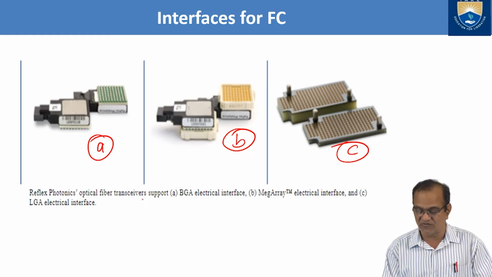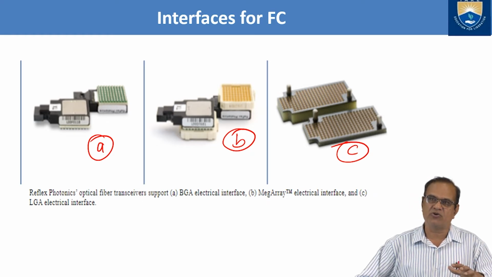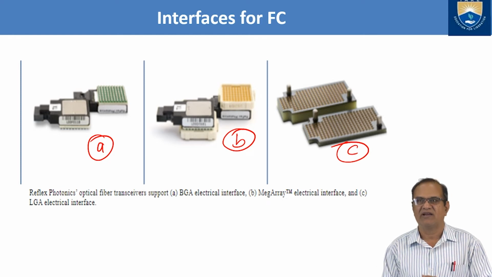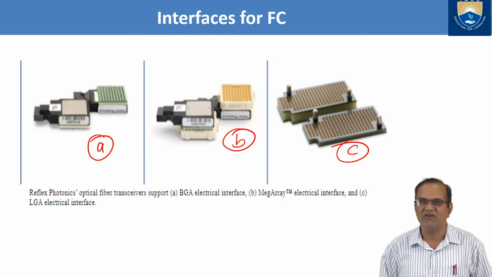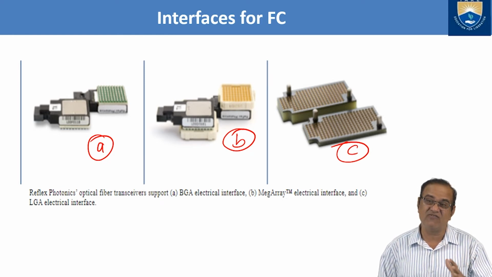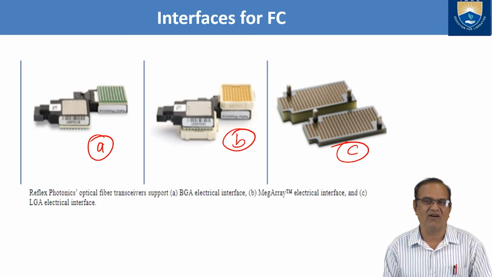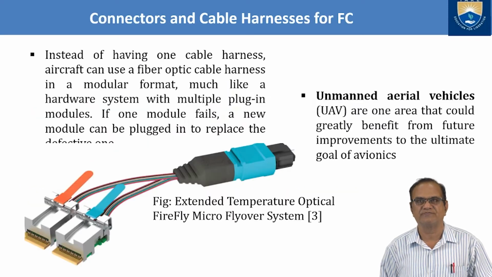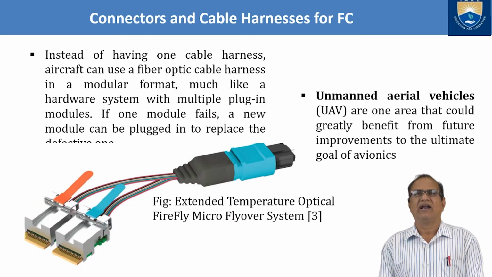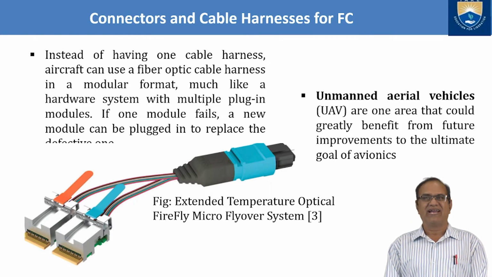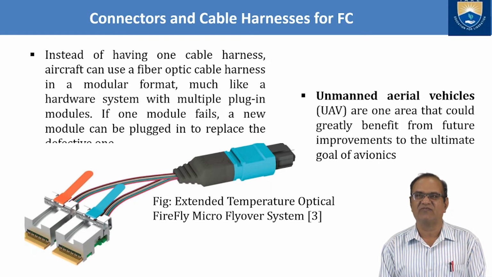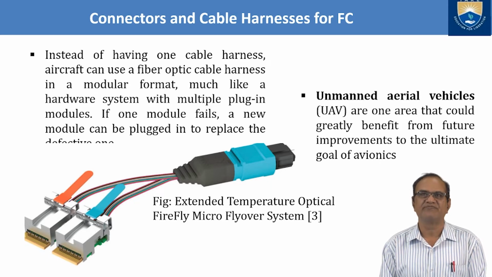So these are the interfaces. They will support fiber optics by use of this type of connector. The connectors of fiber optics are not the same as the connectors of copper wire or other wire. Different types of connectors are used. Now I will talk about the connectors and the cable harnesses for the fiber cables.